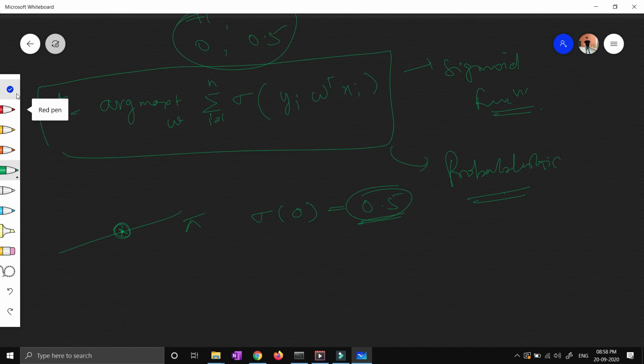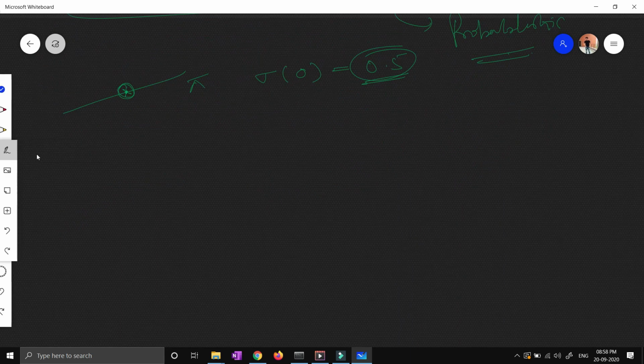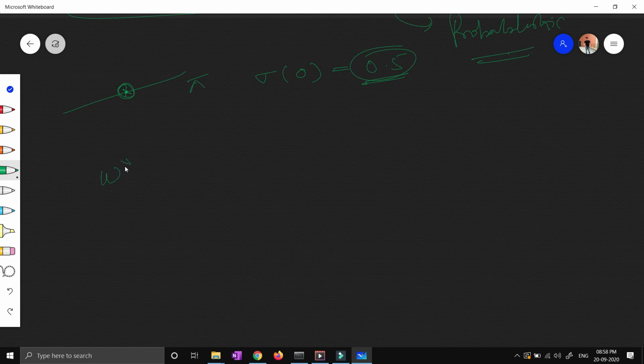So now let me give you the final optimization problem or equation. We are finding w star, which is very optimal, which maximizes the summation of i equals 1 up to n of sigma of x.